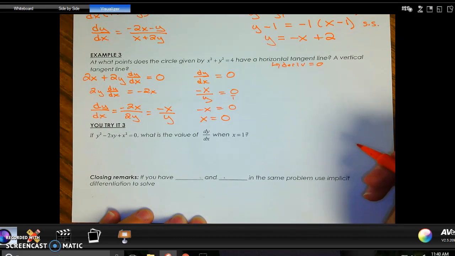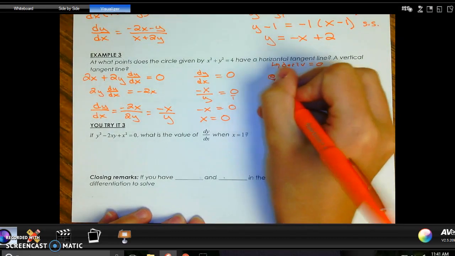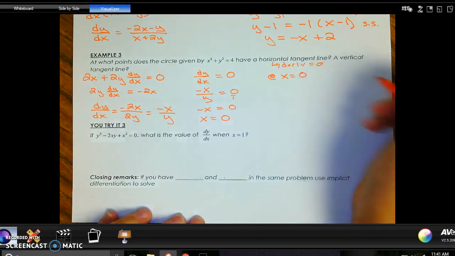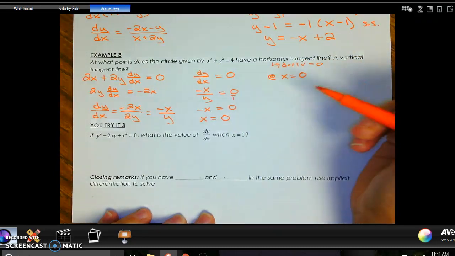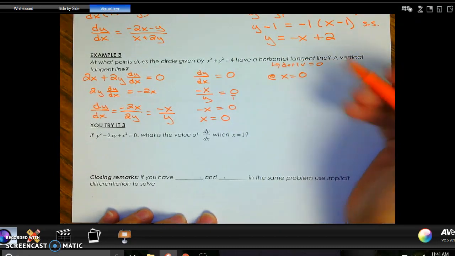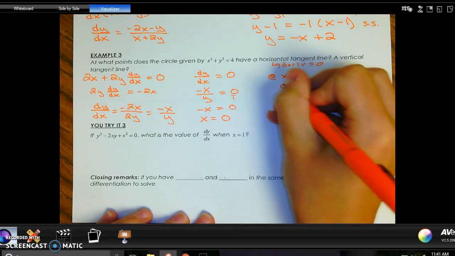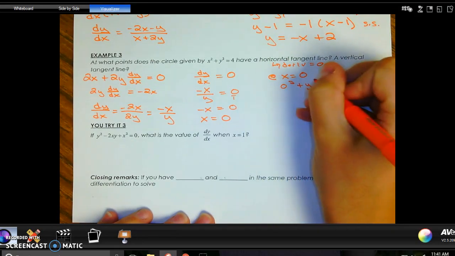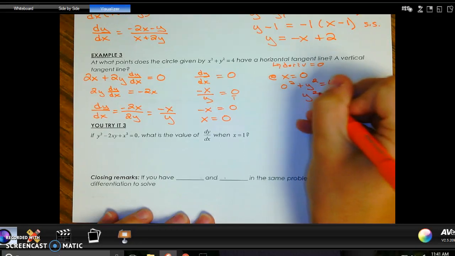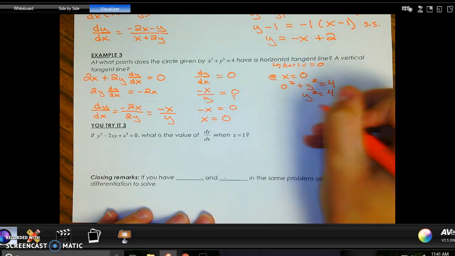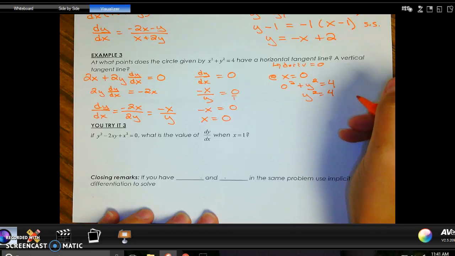And now I need to figure out what's going on at x equals 0. So at x equals 0, I have to plug x equals 0 into the original equation. So I get 0 squared plus y squared equals 4. That just means y squared equals 4, and that must mean that y equals plus or minus 2.